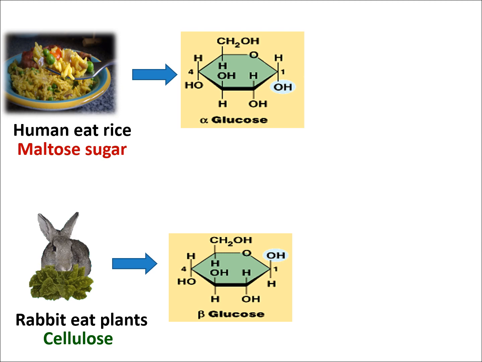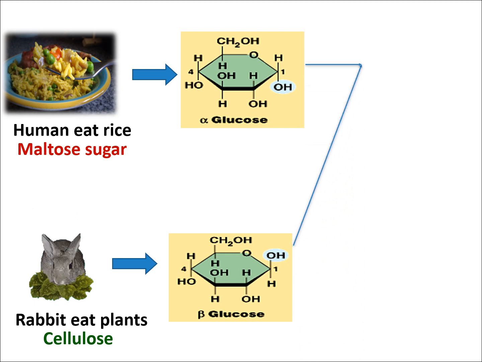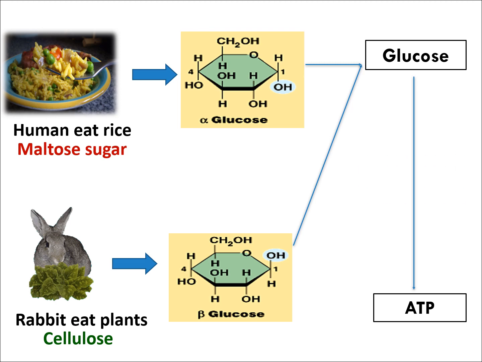From the diagram, you can see alpha glucose from maltose sugar in rice or beta glucose from cellulose in plant cell wall will be converted into ATP via cellular respiration.